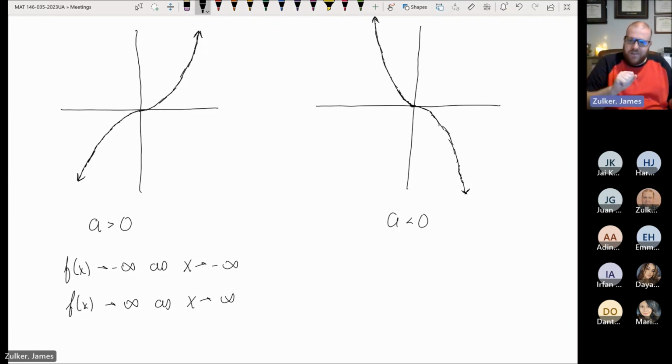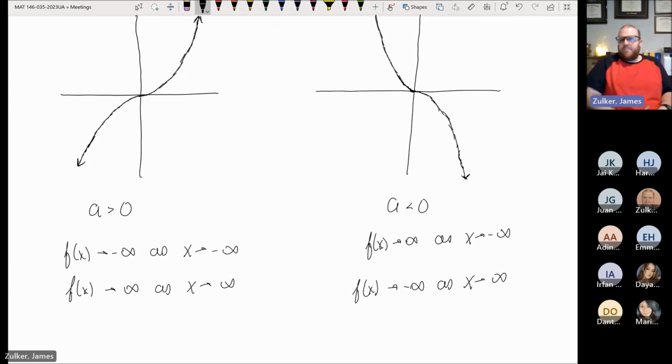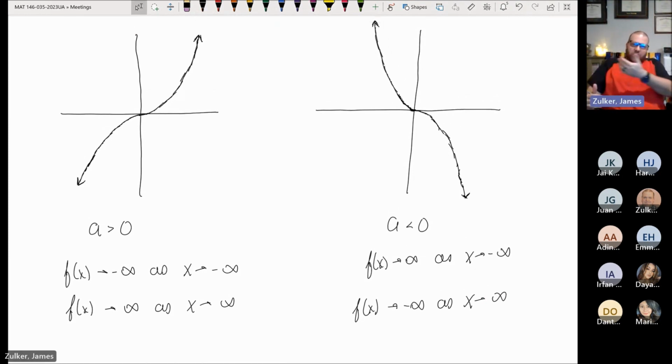That's if a is positive. If a is negative, it's the opposite. As x moves in the left direction, the negative direction, f is increasing without bound. As we move in the positive direction, f is decreasing without bound.